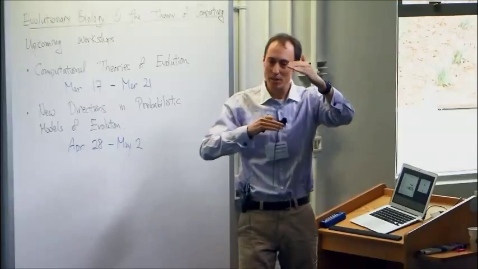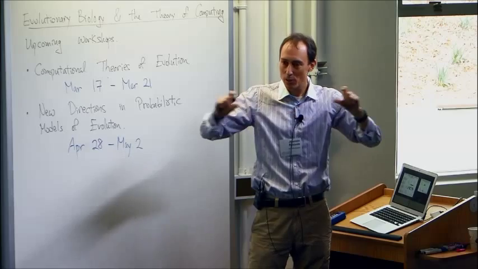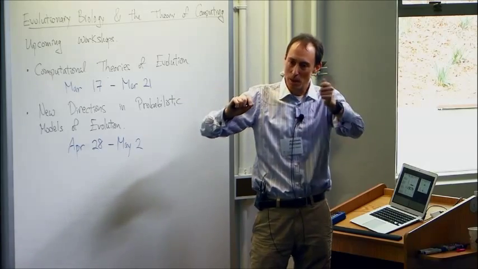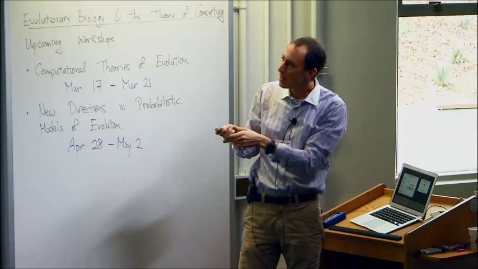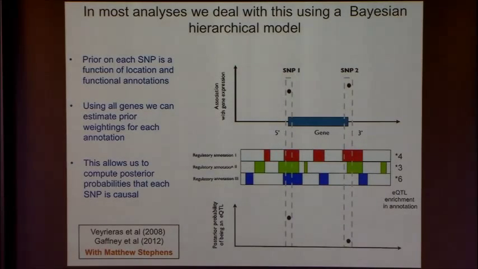You can imagine fitting this as sort of an EM algorithm, where you're using all of the QTLs in the genome to learn about these prior parameters, and then these can in turn reweight the posterior probabilities in each region. And so you can get a maximum likelihood estimate of the enrichments for every category.